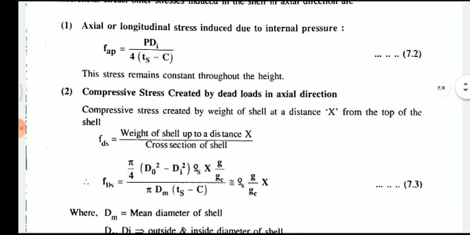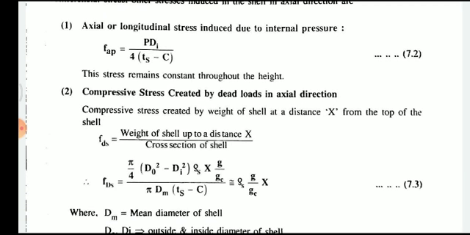Second is the compressive stress created by dead load in the axial direction. Compressive stress by the weight of the shell at a distance x from the top of the shell is given by f_ds, which is the weight of shell up to distance x divided by the cross-section of the shell.